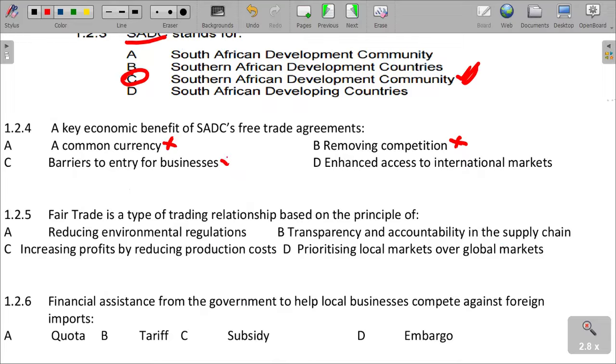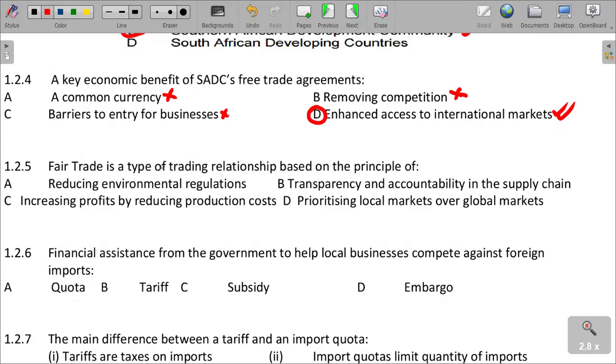So the right answer is: enhance access to international markets. South Africa is selling all over the Southern African community, so it has a better market that it has established because of SADC. So the right answer is D.